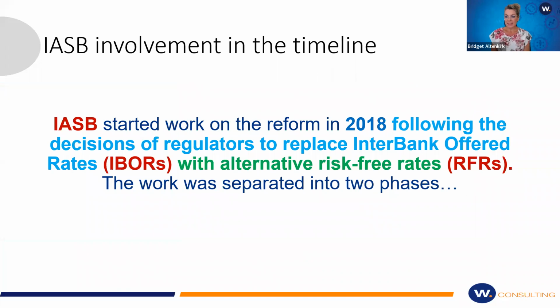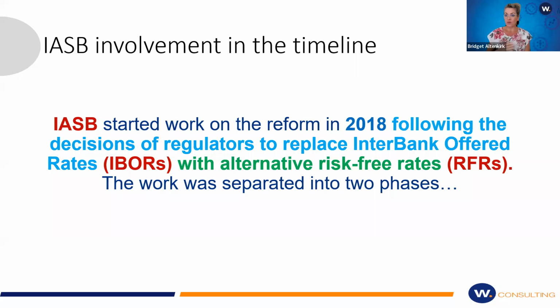So in 2018, because there was uncertainty around these IBOR rates, because the banks were now looking to say that potentially we shouldn't be using these rates, the IASB was a bit concerned about the uncertainty because they know that there are so many financial instruments which entities and preparers around the world are using, which have been measured, linked somehow to one of these IBOR rates.